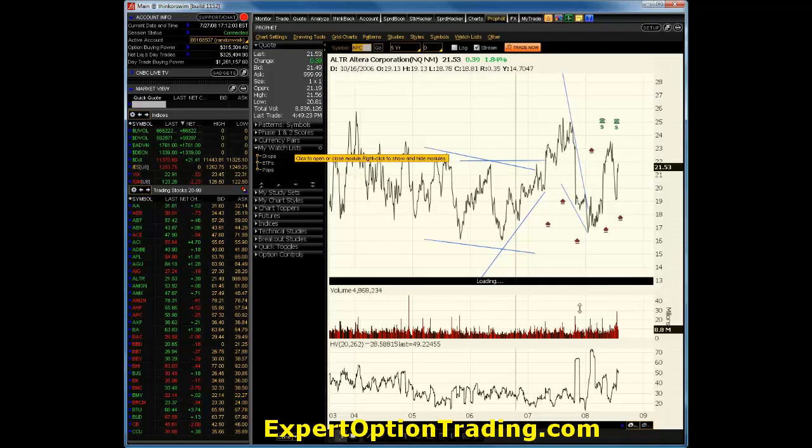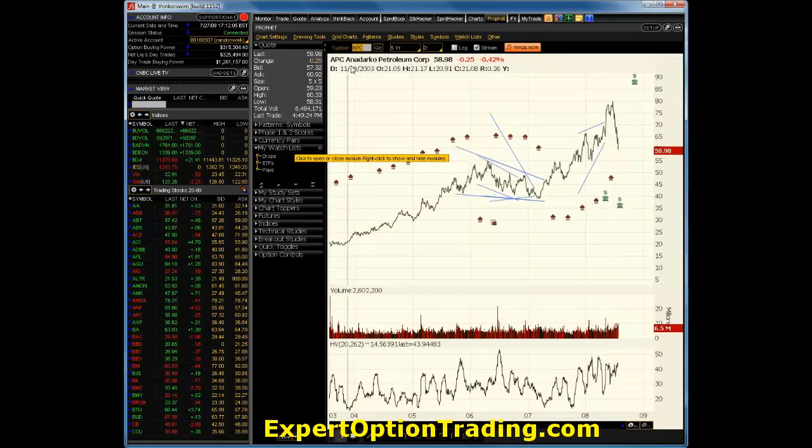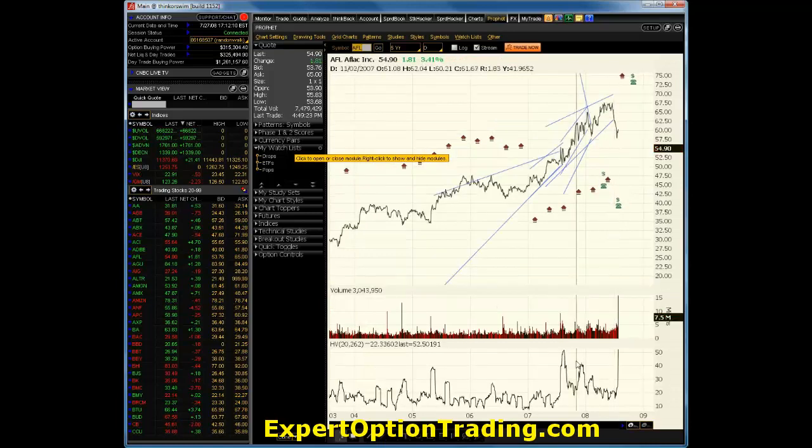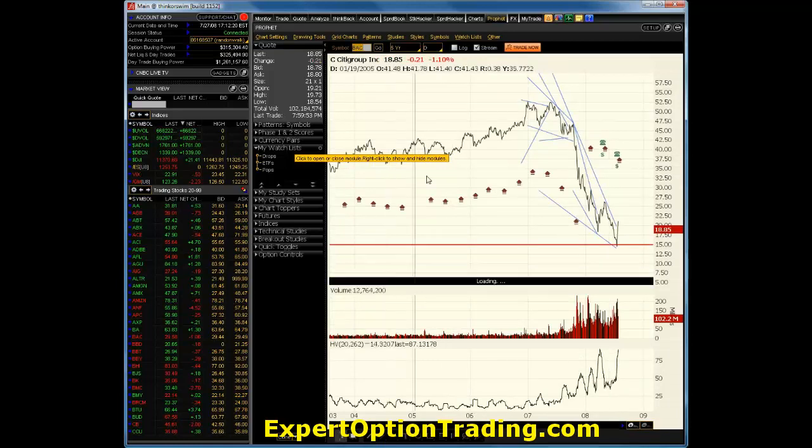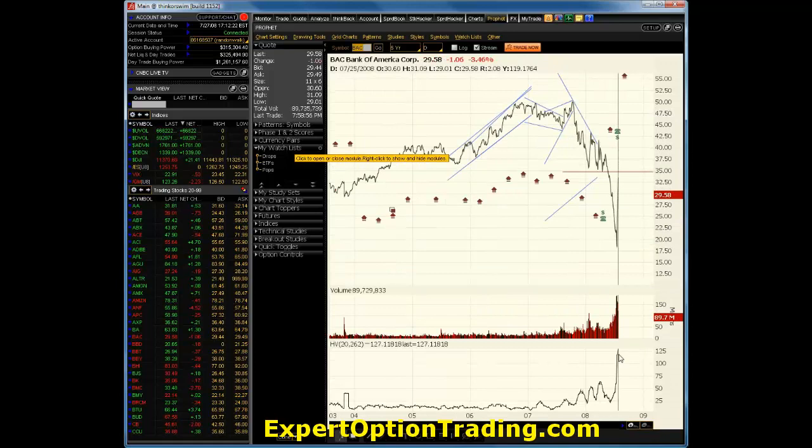APC, it's in the higher end of its range. Aflac is definitely in the high end of its range. Citigroup, definitely in the high end of the range. Bank of America, definitely in the very high end of a long range.